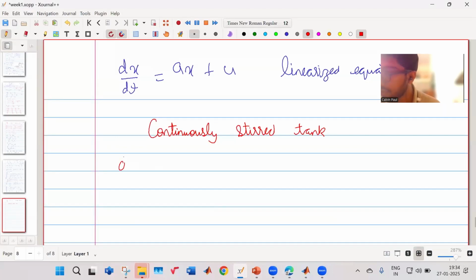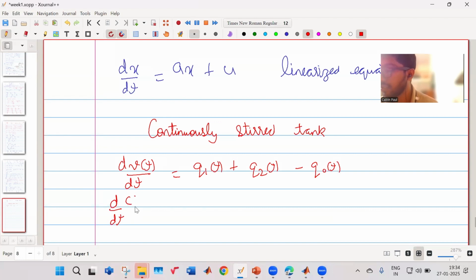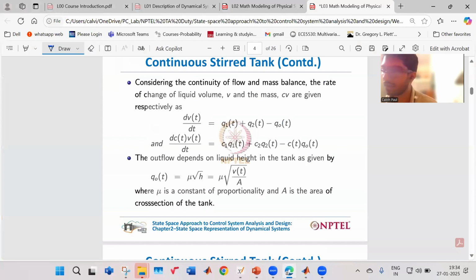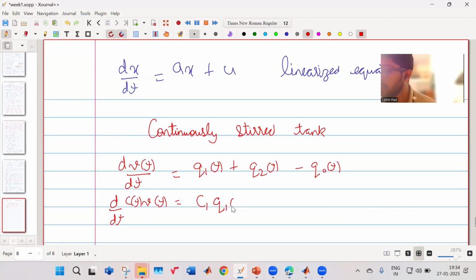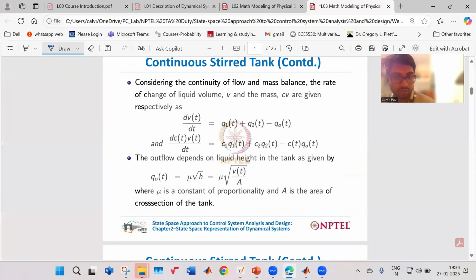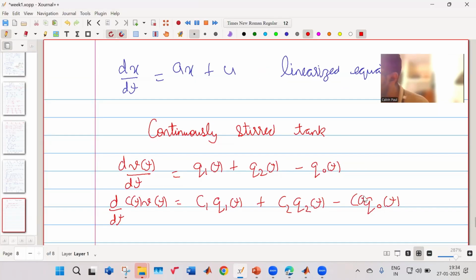We have dV(t)/dt is equal to Q1(t) plus Q2(t) minus Q0(t), and d/dt of C(t) V(t) is equal to C1 Q1(t) plus C2 Q2(t) minus C(t) Q out(t).